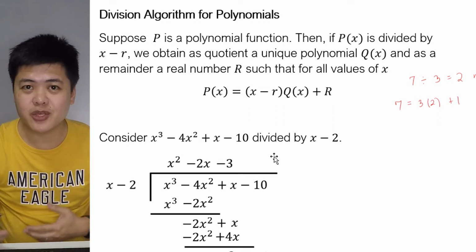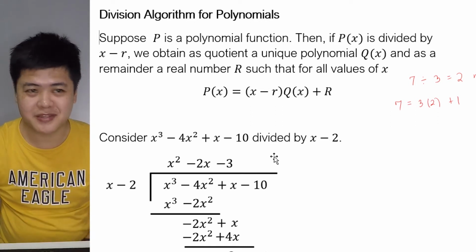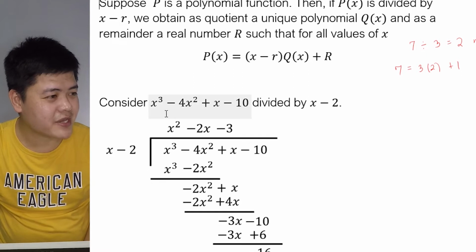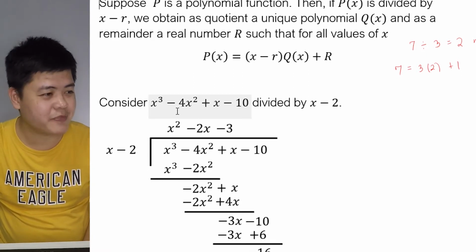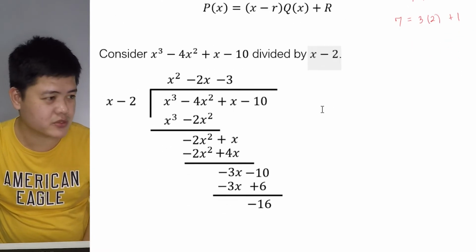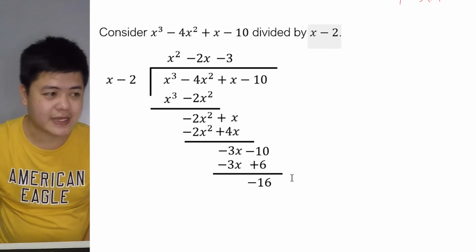When we discussed why synthetic division works, we considered x cubed minus 4x squared plus x minus 10 divided by x minus 2. Actually, we already did that.